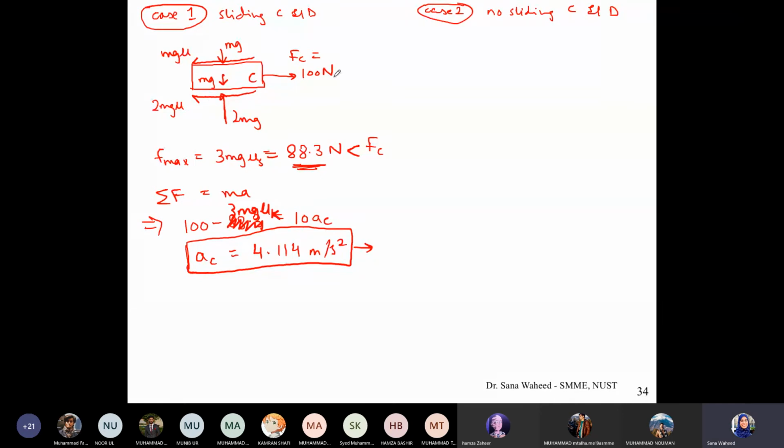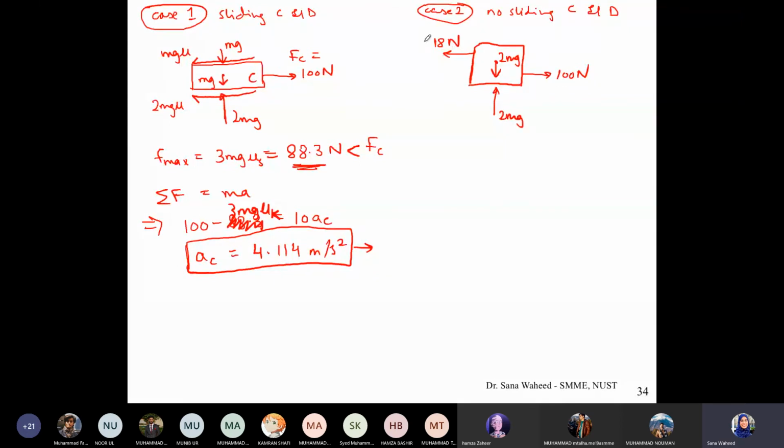So this is the case when I'm assuming that there is sliding between C and D. Let me assume that there is no sliding between C and D. And if there's no sliding between C and D, then they move together as one, such that I have a force of 100 newtons to the right, 18 newtons to the left, total weight acting downwards of 2 mg, reaction force also of 2 mg, and a frictional force.